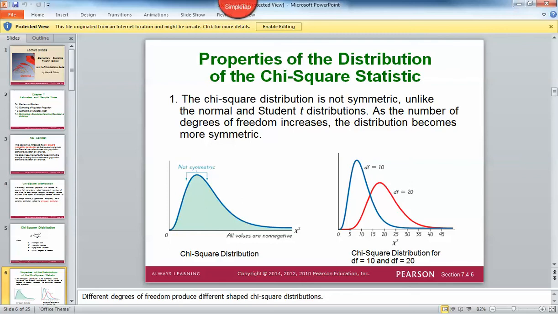So the critical t values or critical z values that we've been finding on the right side, like 1.96, on the left side would be negative 1.96. So that's the big difference with chi-square. It's not symmetric, so we're going to have a different critical value on the right side and on the left side. Okay.